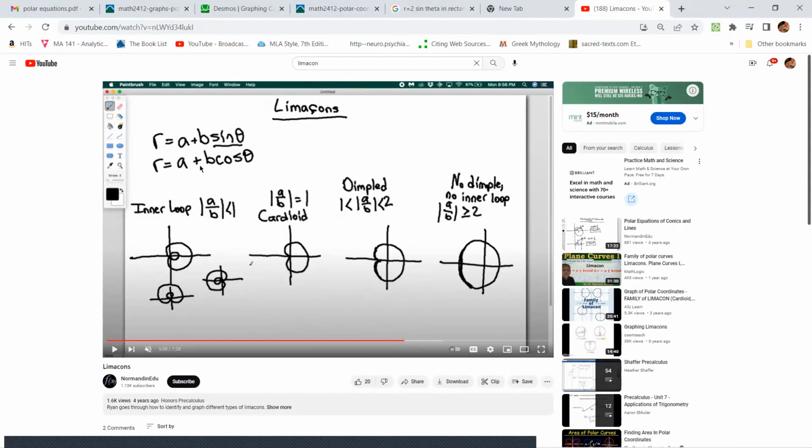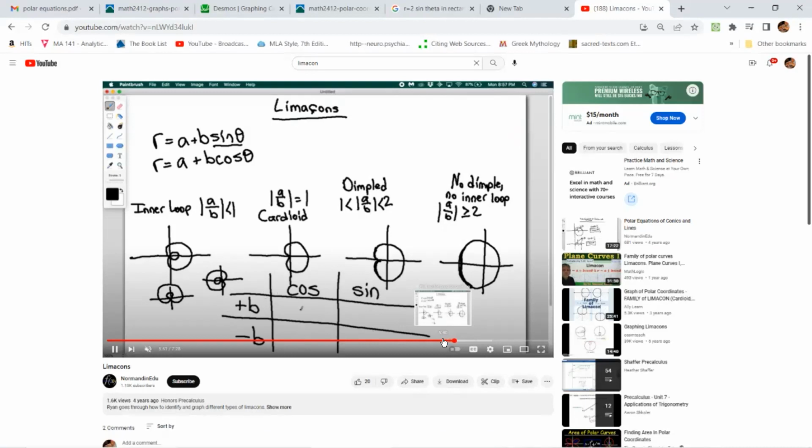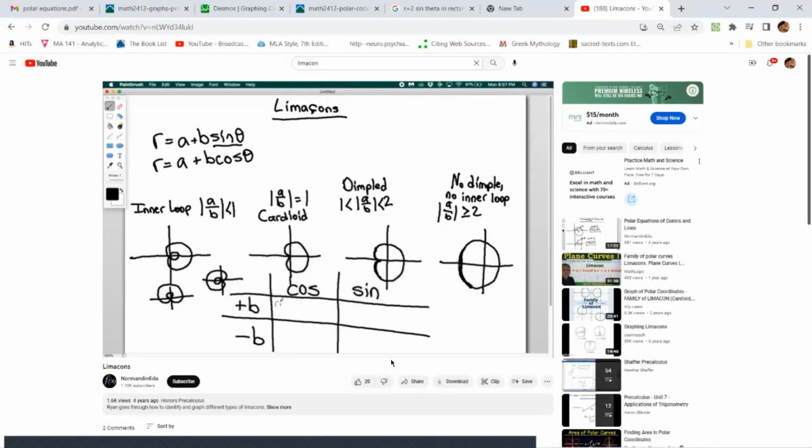Remember we talked about how these ratios hold for your dimpled curves and your cardioids, and that's why he's showing you this. So if it's plus B and it's plus cosine, he's going to end up showing you what I was showing you with which way they open.